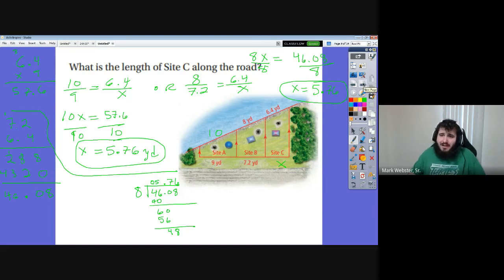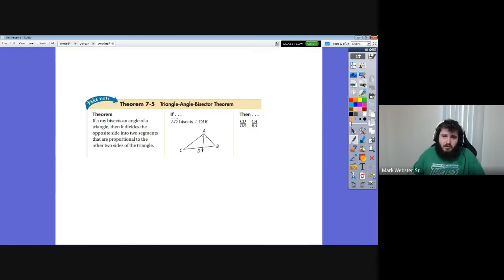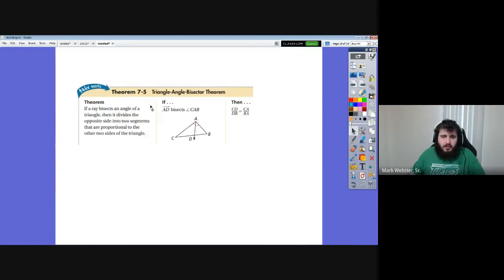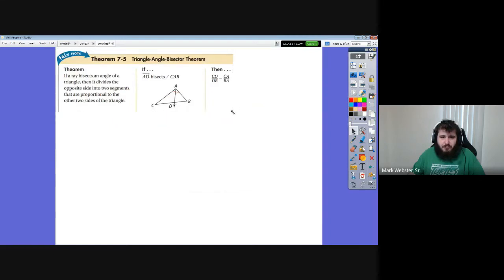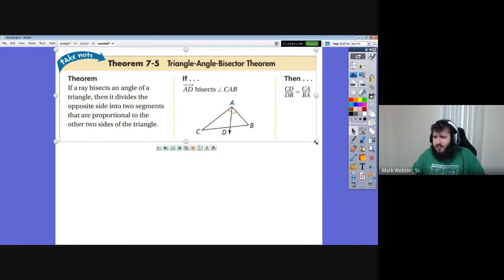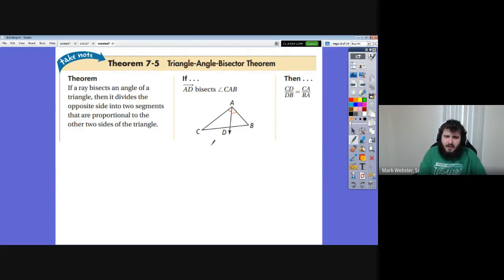All right. Last concept to talk about, the triangle angle bisector theorem. I don't want you to think that this is any different. And again, they give it this way, but I'm telling you, same idea. Do the exact same thing.